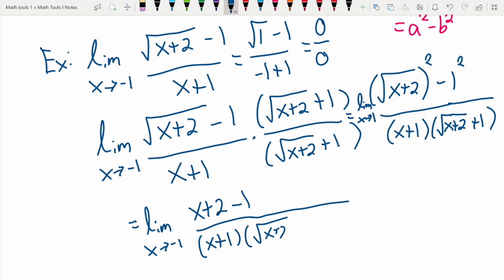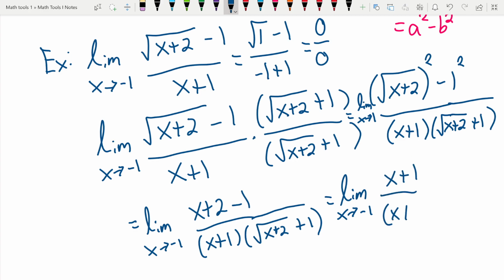Because as maybe you already noticed, the top now is going to be x plus 1. So that's what's going on here, right? That term is going to cancel out. So the top is x plus 1 now, and the bottom is x plus 1 times the square root of x plus 2, plus 1.